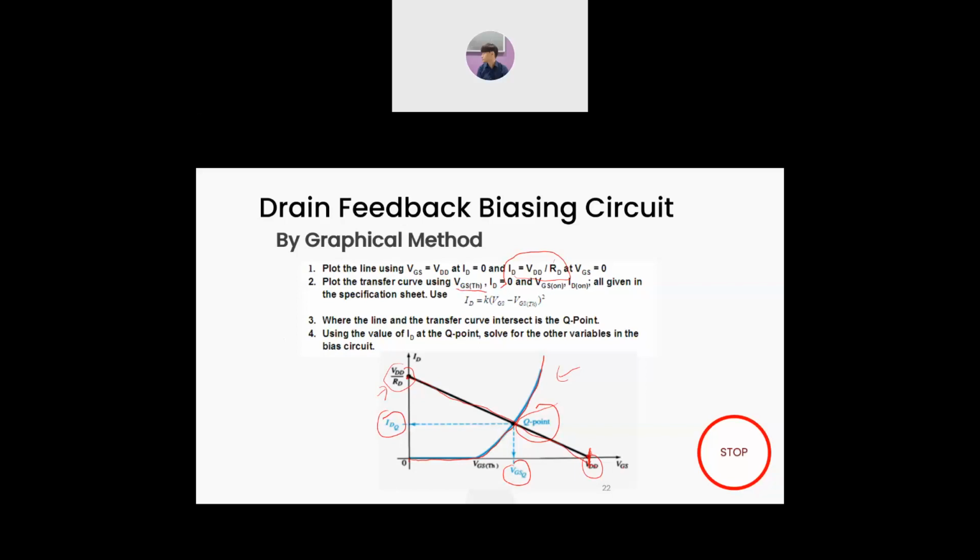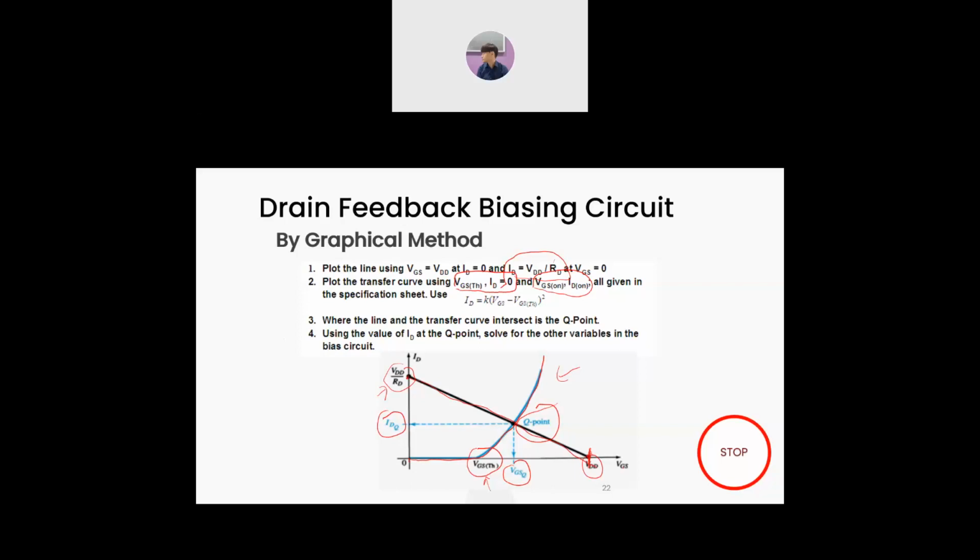The threshold voltage VGS(th) is where there is no current passing through ID. You can get this threshold voltage from the datasheet. The next one you can get is the VGS(on), the start of VGS on, when ID is on. You can get this value on the specification sheet as well.